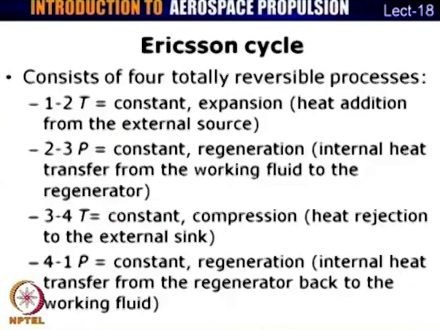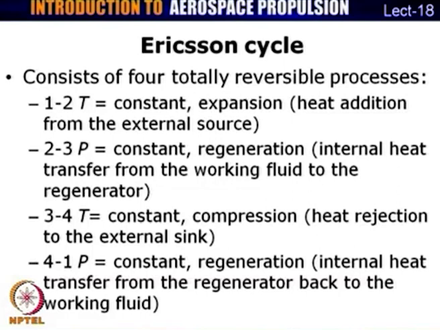And so, there is another cycle which is very similar to a Stirling cycle and also has 2 processes which consist of regeneration processes. This is known as an Ericsson cycle. An Ericsson cycle consists of again 4 totally reversible processes. Here again you have an isothermal heat addition process, wherein there is heat addition from an external source.